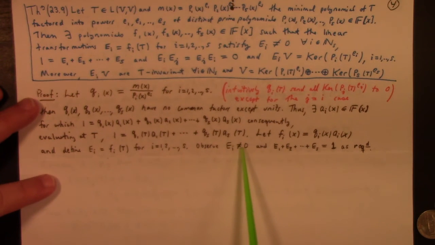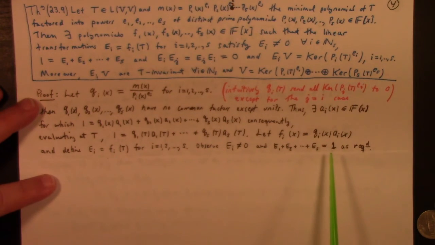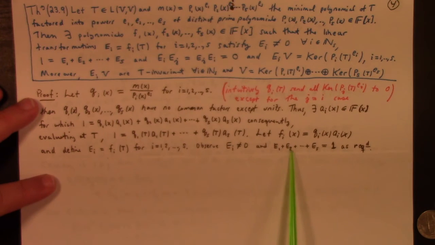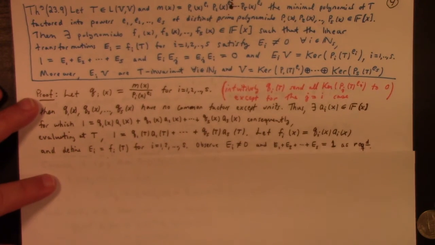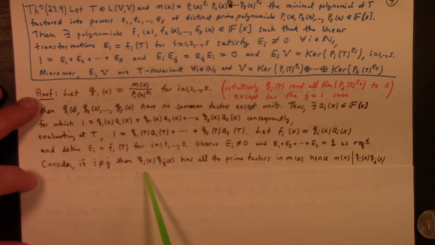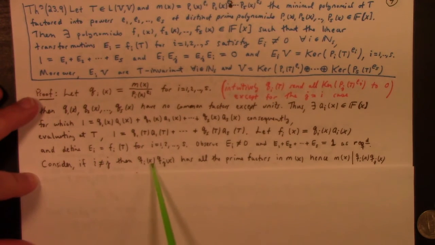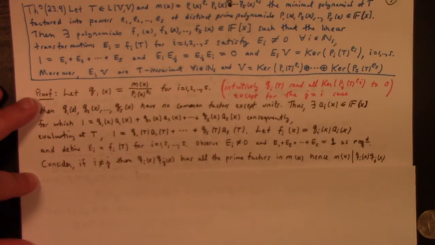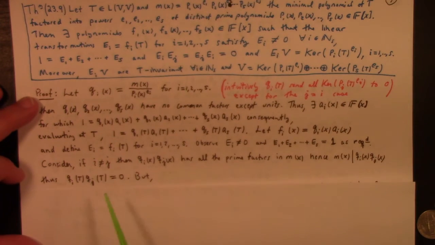I say observe Ei is not equal to 0. I think that's clear already, but there's a more explicit argument to follow. It is clear, of course, that E1 plus E2 through Es equals 1, as required. And also, if i is not equal to j, then this product has the minimal polynomial and then some in it. M of x divides this product, which means that if you plug in T, you get 0.